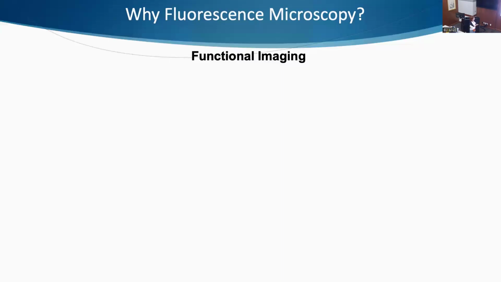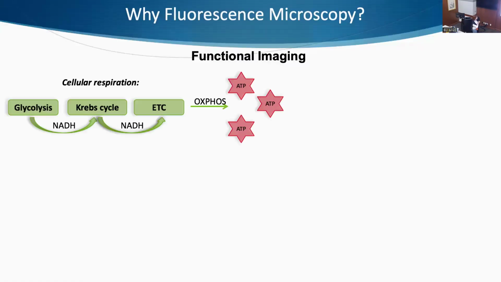It can also allow us to do functional imaging like metabolic imaging, and for that I just wanted to show briefly the portion of the metabolic imaging that involves cellular respiration.